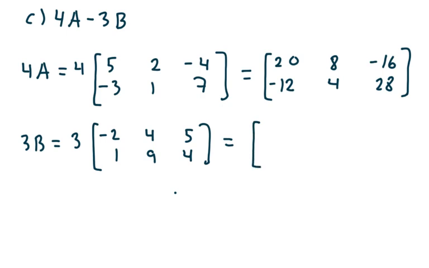And so I'm going to take 3 times every entry inside matrix B. Now, when I do that, I get, for the first row, negative 6, 12, 15. That's the first row. The second row is 3, 27, 12. Just like this.